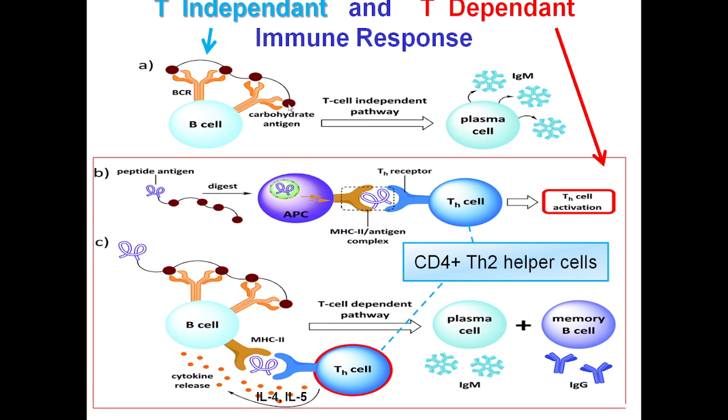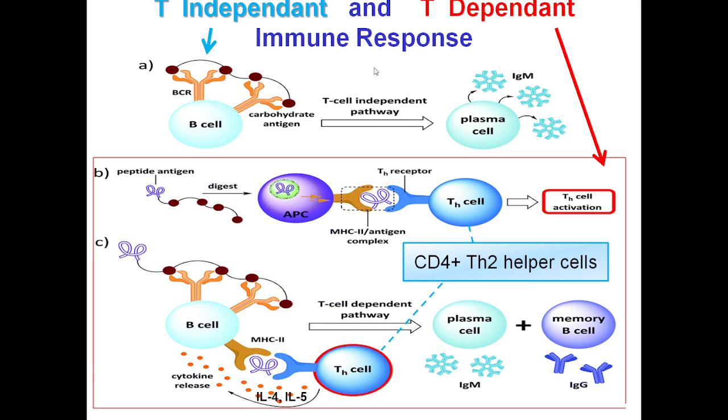Binding of many epitopes of the same structure of this carbohydrate simultaneously reacts with many B cell receptors on the surface of the B cell. Multiple irritation, activation is happening.